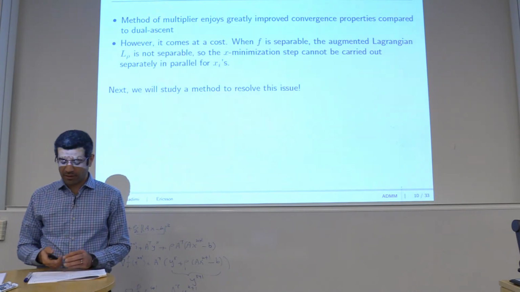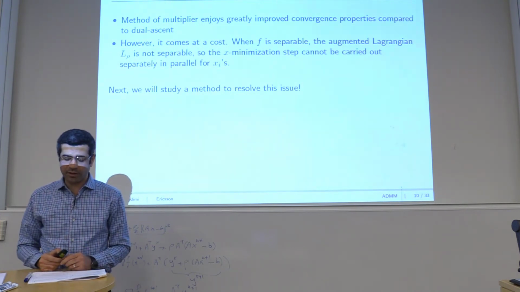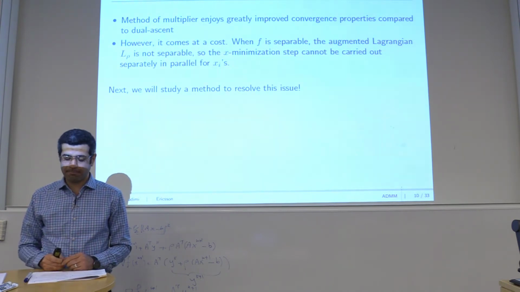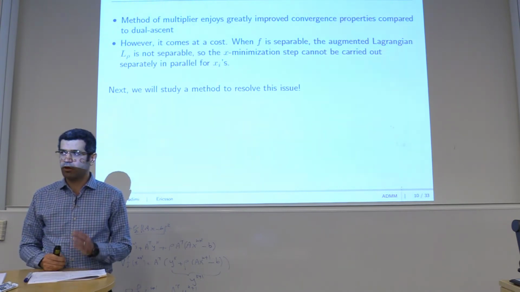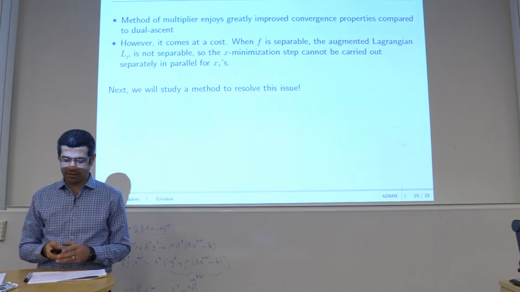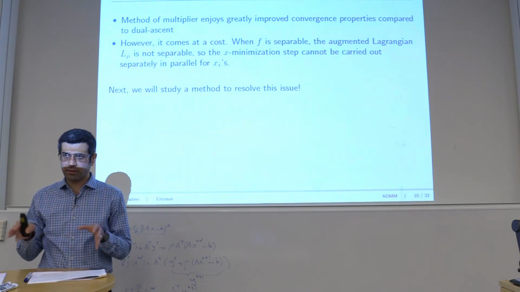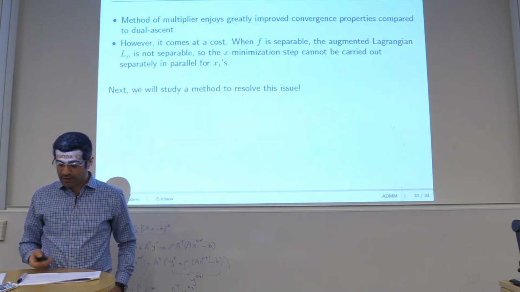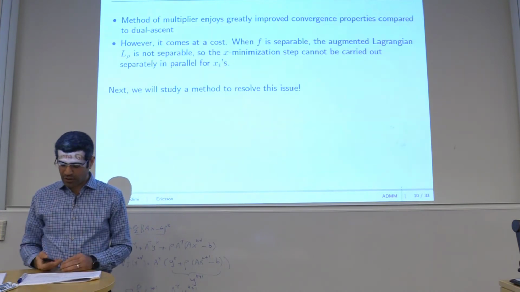That basically means that we can no longer do the x minimization, the first step, in parallel, because you have to optimize for all x's together because of the complicating constraint in the quadratic term. And basically now ADMM naturally comes in.